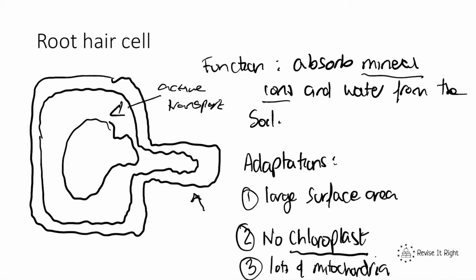But for now, you need to be aware that active transport requires energy. So to do this, you're going to need lots of mitochondria. Okay, so the function is to absorb mineral ions and water from the soil into the plant. Okay, and the adaptation is it has a large surface area, it contains no chloroplasts, and it contains lots of mitochondria.